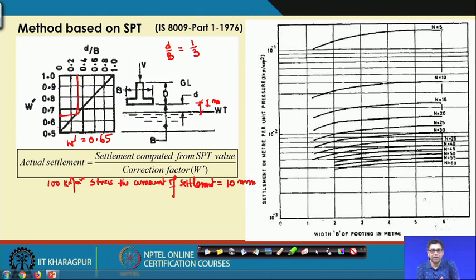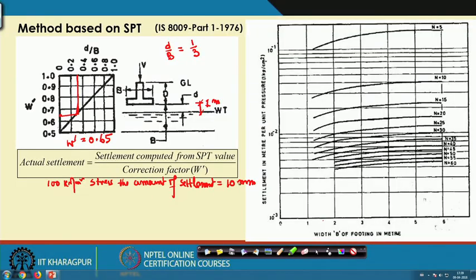You should know the meaning of the different notations. Previously also it was 0.65, that Rw dash was 0.65 for the bearing consideration. Here it is W dash, both are the same, but you should know how it is used. So, W dash is giving 0.65.